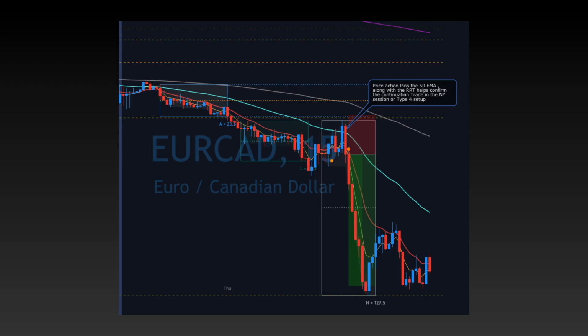Gives you a railroad track. And then it's also pinning to the 50. So you have the pattern, timing, pinning to the 50. You have the actual railroad track pattern itself, good risk to reward ratio, and there's your trade.